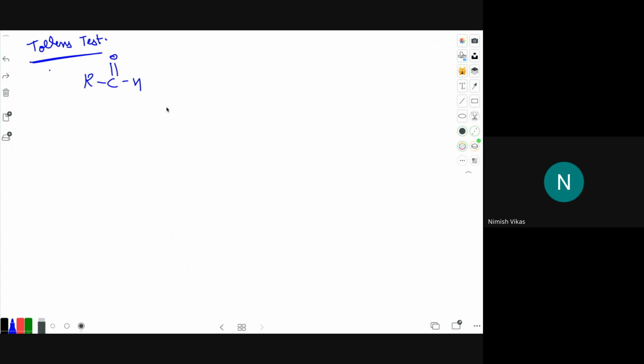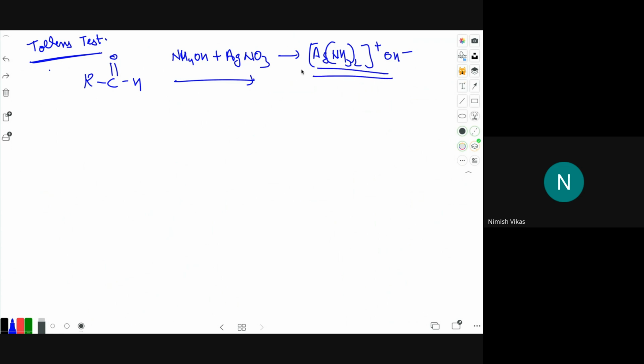What happens in Tollens' test? We give an ammoniacal solution of silver nitrate, so AgNO3 and NH4OH, right? And what is formed from here is [Ag(NH3)2]+ OH-. In the exam, they can give this also and they can give this also, depending on their wish.